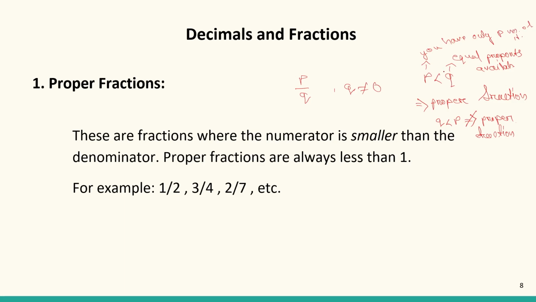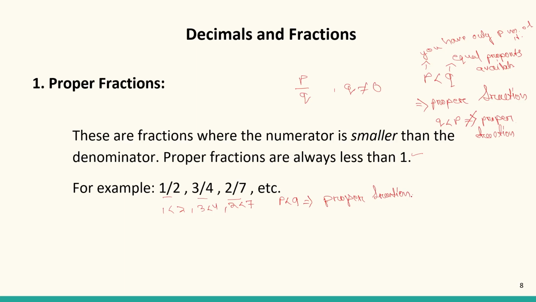So p is less than q, which implies you don't have a whole. So the proper fraction is always less than 1. For example, 1 by 2, 3 by 4, 2 by 7. In the first case, 1 is less than 2. In the second, 3 is less than 4. In the third, 2 is less than 7. Whenever p is less than q, this implies a proper fraction.